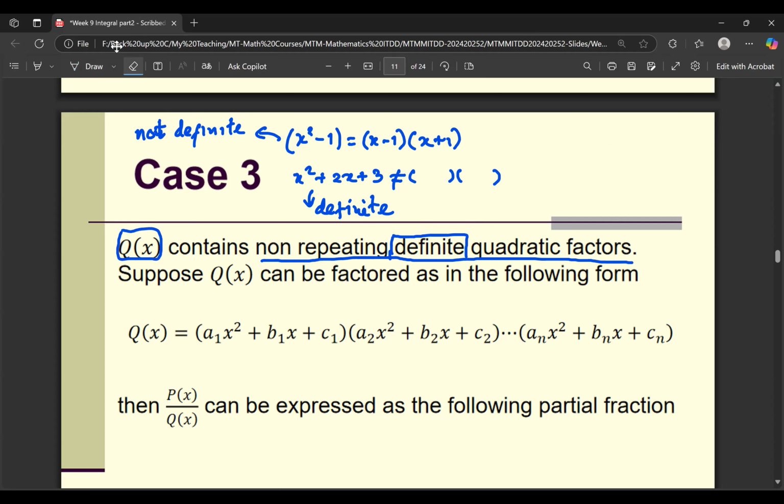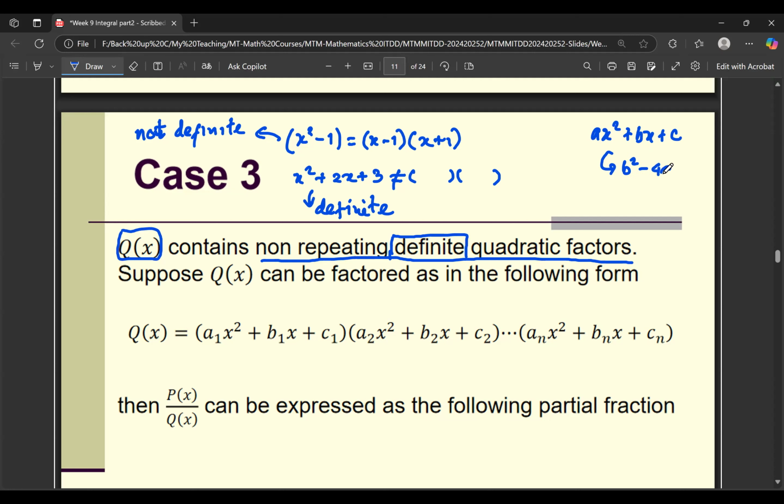For ax squared plus bx plus c, the discriminant is b squared minus 4ac. If b squared minus 4ac is less than 0, it is definite.